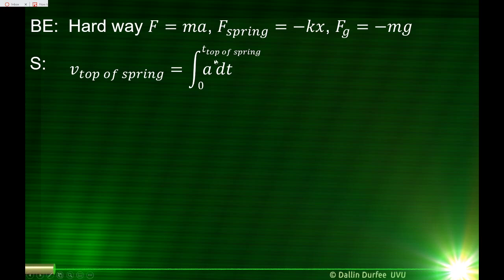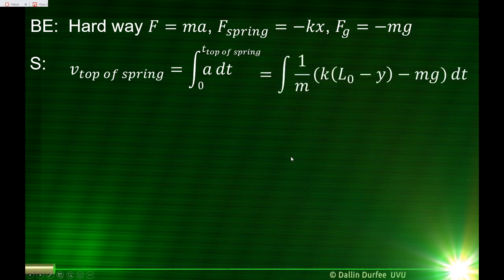Well, I can get a velocity by integrating acceleration with respect to time. And I'm going to integrate from time t equals 0 till time t when the mass is at the top of the uncompressed spring. Well, acceleration is just force divided by mass, right, according to Newton's second law. So that's just going to be 1 over m times the spring force plus gravity, the force due to gravity.